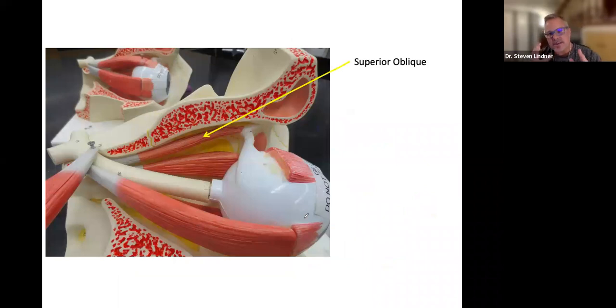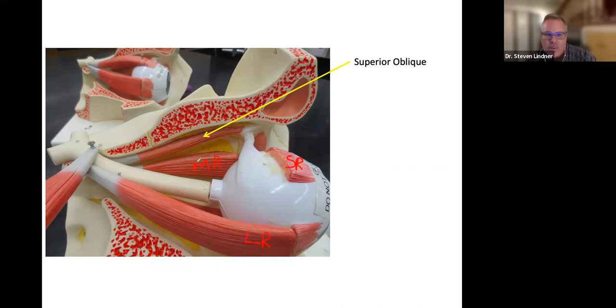So here is a lateral view. We're looking at the right eye from the outside. So this is the lateral rectus. This right here would be the medial rectus. This on top is the superior rectus, but we could see that it's cut.